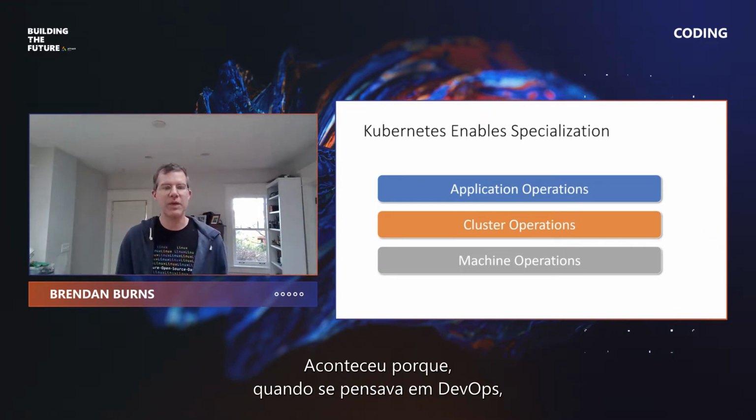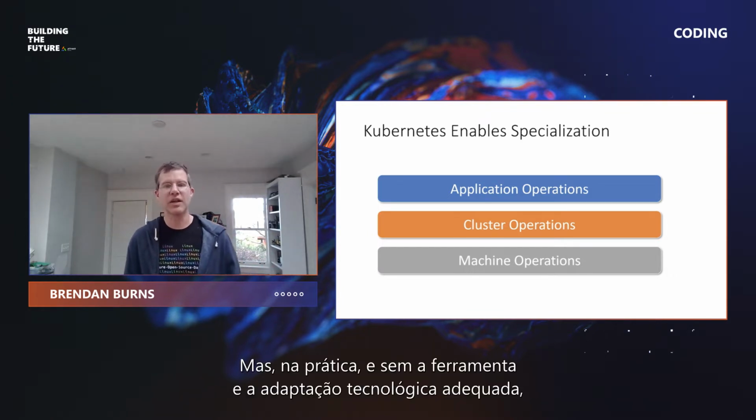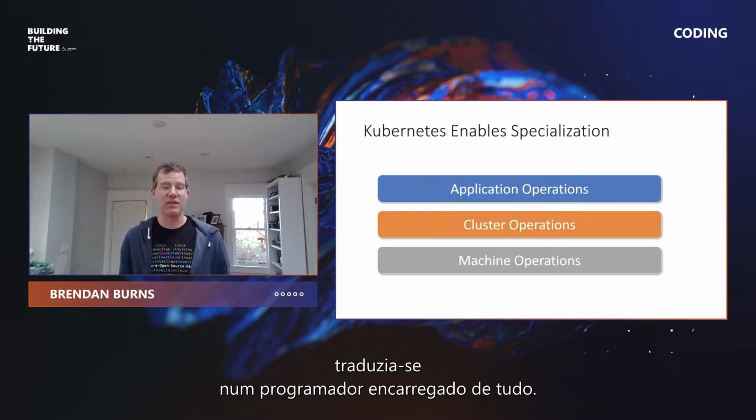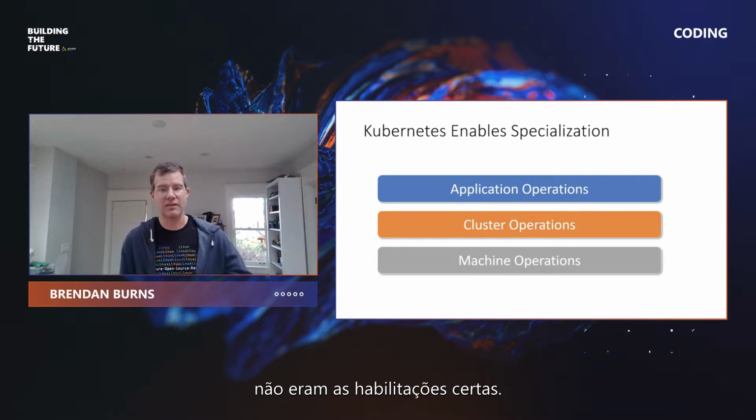When people said DevOps, people thought, oh, that means the developer shouldn't be in charge of operations. But it turned out that in practice, without the right kind of tooling and technological adaptations, what it really meant was that the developer is in charge of everything. It became rapidly clear that having a developer in charge of your hardware or your operating system was perhaps not the right skill set.